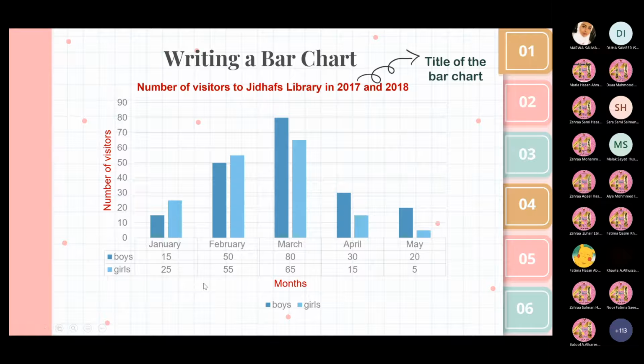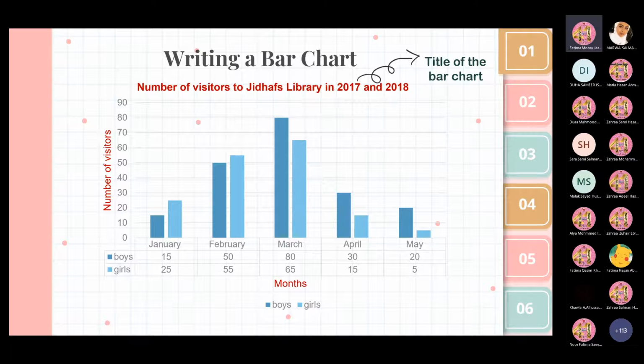Okay. Good morning, everyone. Today we will learn how to write the sentences included in a paragraph about the bar chart. To make it easier for us, we will start by learning the parts of the bar chart. What do we have in the bar chart? Anyone know?